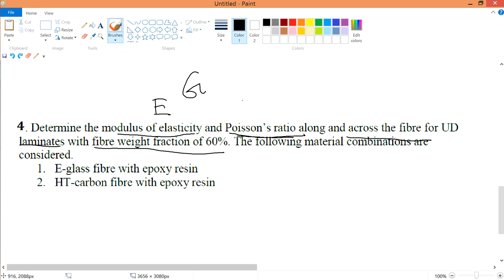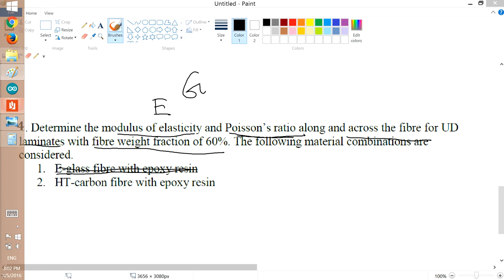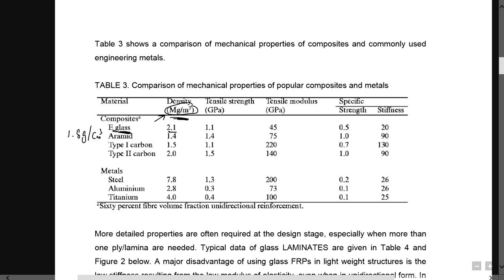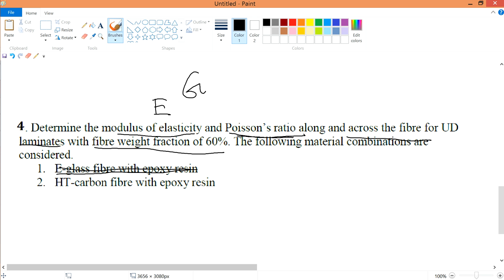Therefore the lecturer didn't go through the E-glass, because the E-glass properties are actually given in your portion over here. It's in terms of the density and the other properties, all over here already. So you can take note when you want to do your own work.